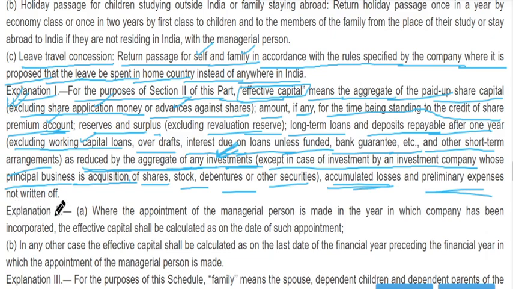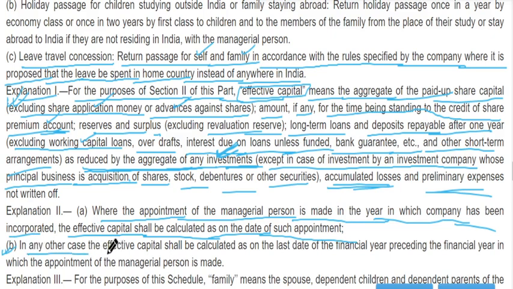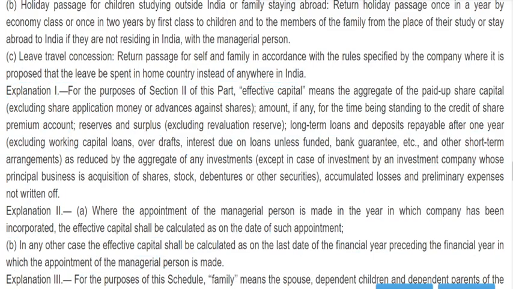Let's see explanation 2. Where appointment of a managerial person is made in the year in which the company has been incorporated, the effective capital shall be computed as on the date of such appointment. In any other case, the effective capital shall be calculated as on the last day of the financial year preceding the financial year in which appointment of managerial personnel is made.